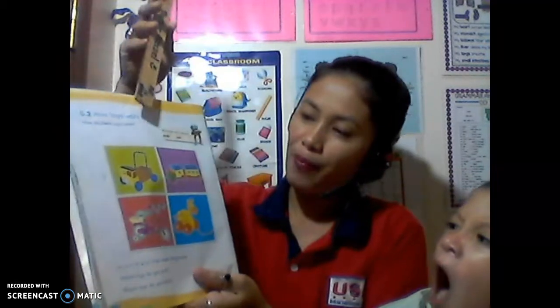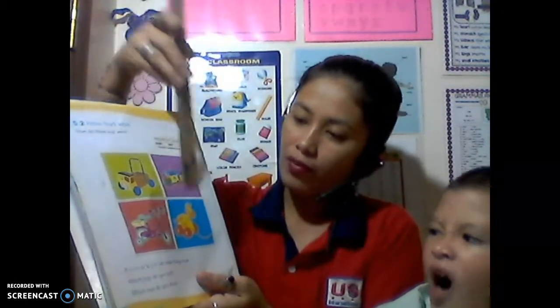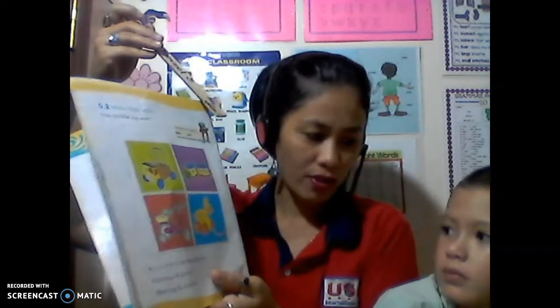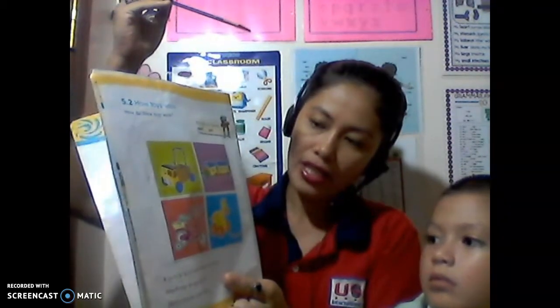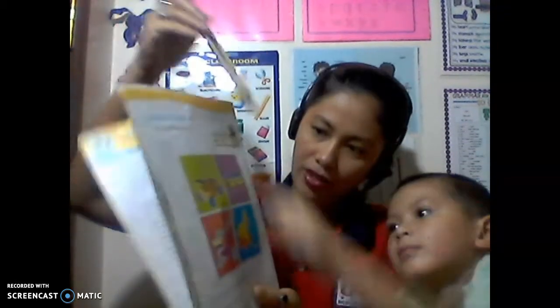So David, which one is for which toy here that you can push? Yes, very good. It's easy to push this one because there's a handle. What else is easy to push? This one too, and same with this.